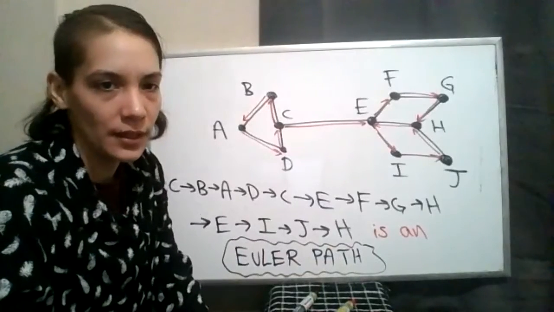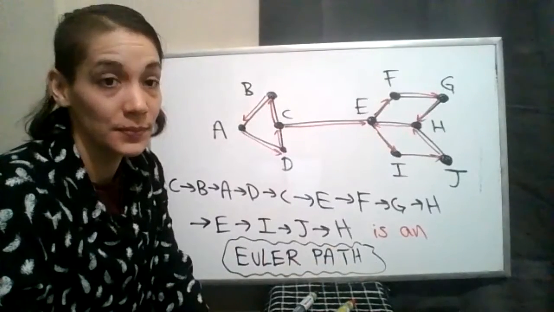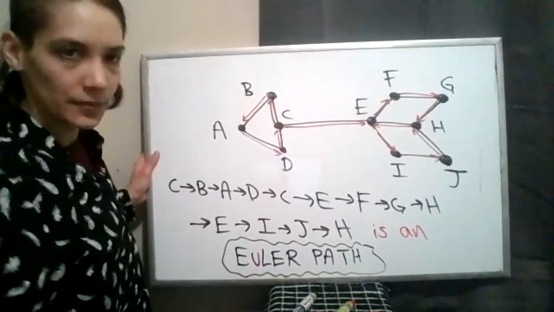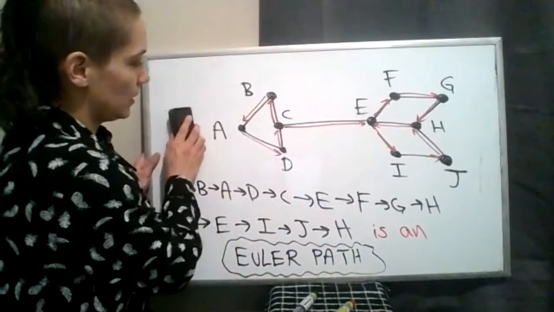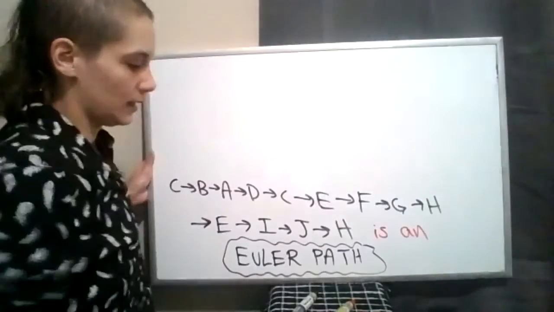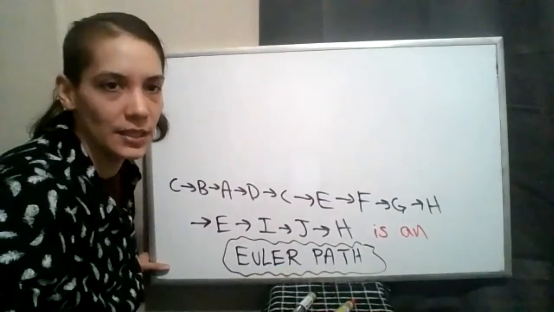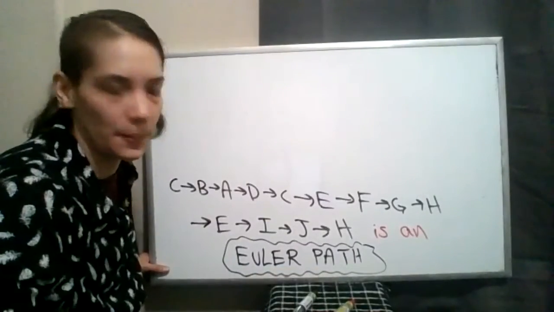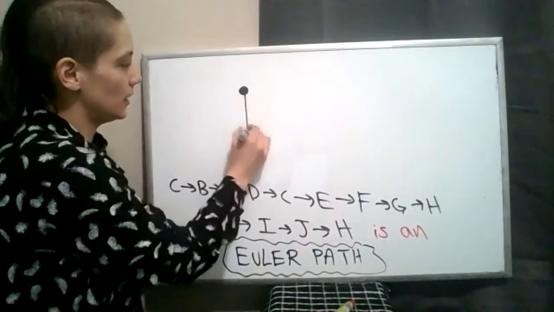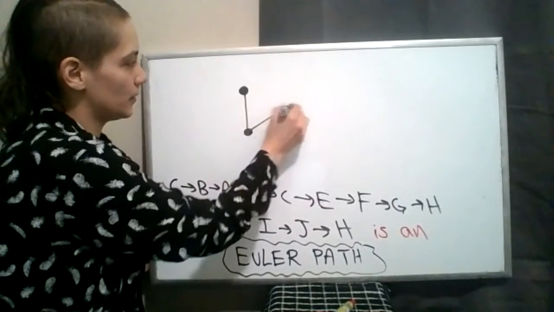Let's go with this graph. Actually, let's save it for later. We're going to try a triangle connected to another triangle.